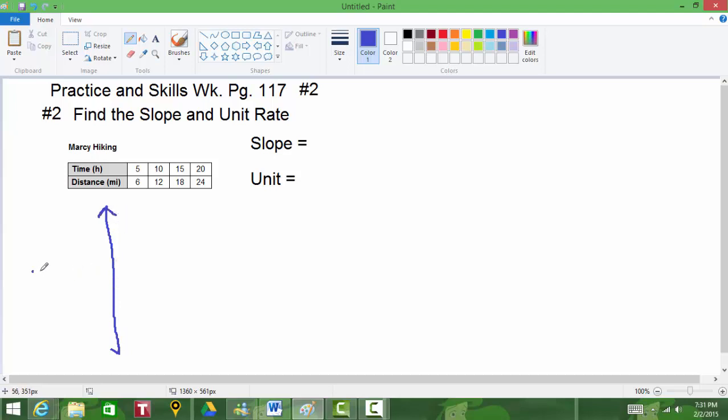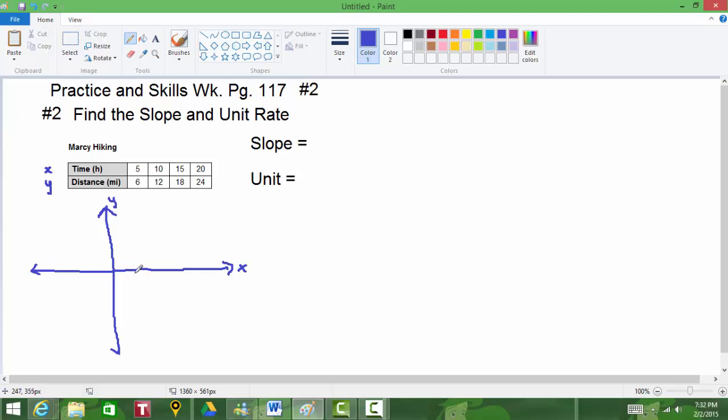So I'm going to make an XY coordinate grid, a little sketch of what's really happening here. In this problem, time is going to be our X, and this is going to be our Y. I'm going to put X and Y because we're used to writing them that way.